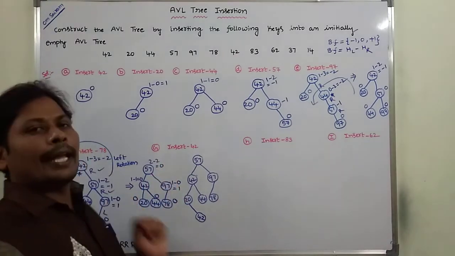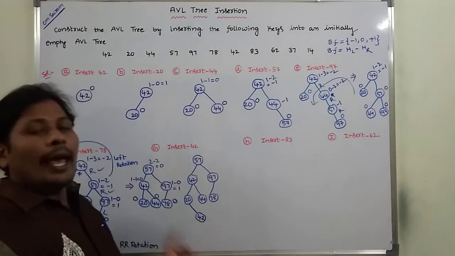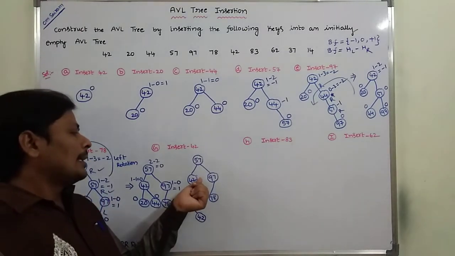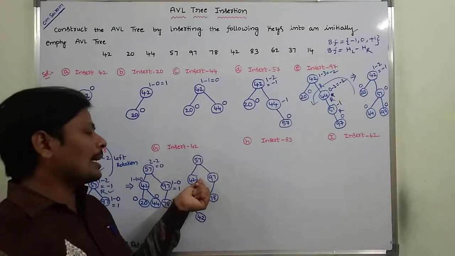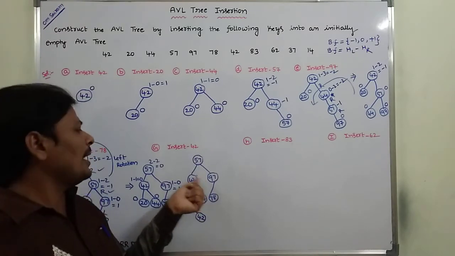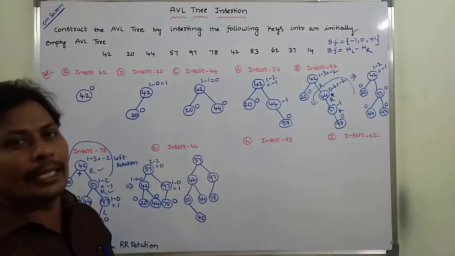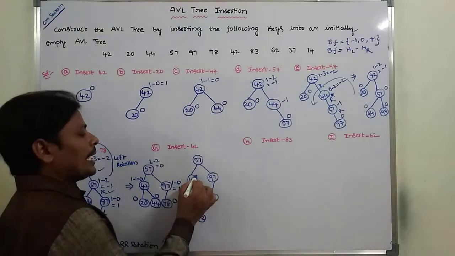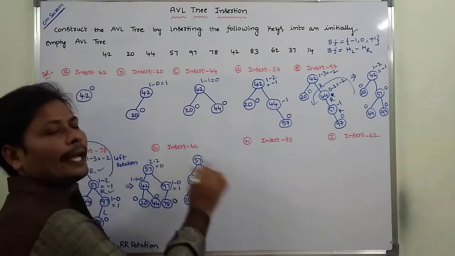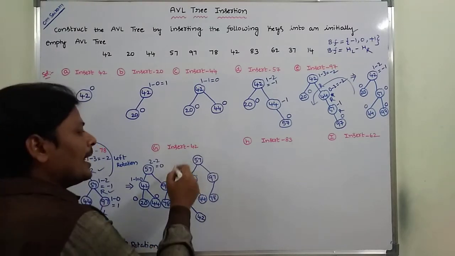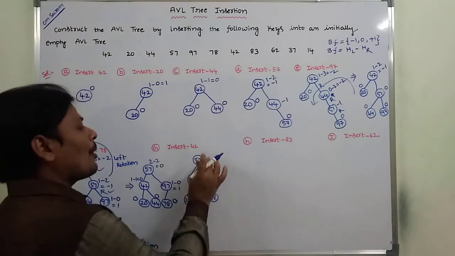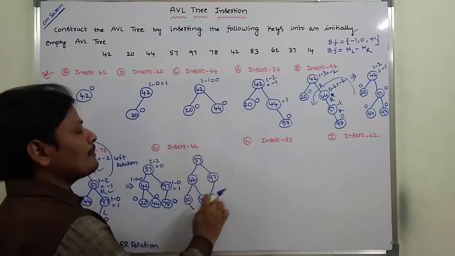Okay, this is one way. Another way is we can prepare one table. The table contains how many times 42 occurred. That is 2 times. Here a count variable can be created for each and every element. So here for example 57, count value 1. 97, how many times has it occurred?